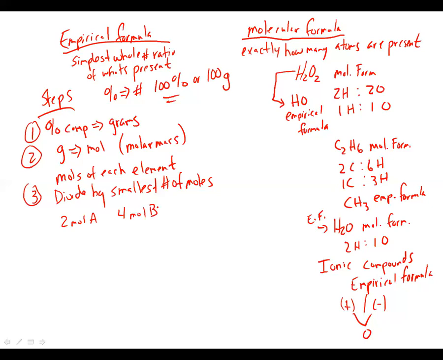What we would then want to do is divide everybody by the 2 moles of A, because that is the smallest number of moles. What that would give us for A is 1, and for B is 2. And that would be the empirical formula for this made up compound, which would be AB2. And it would be our empirical formula because we got all whole numbers here.